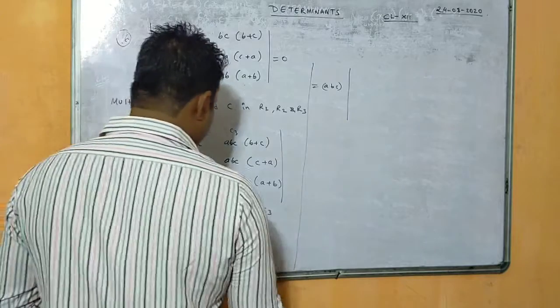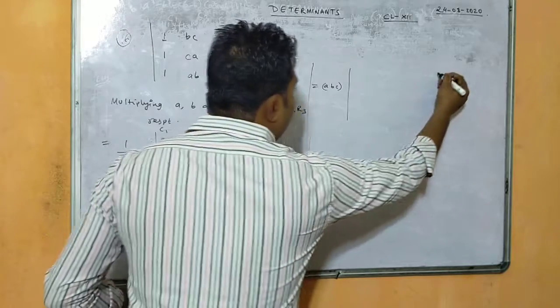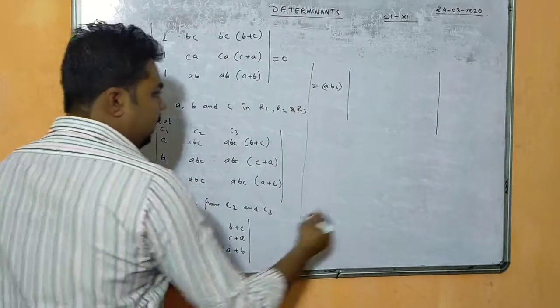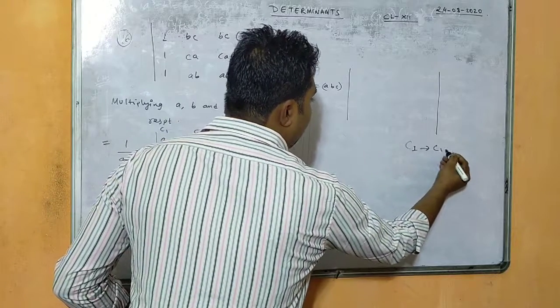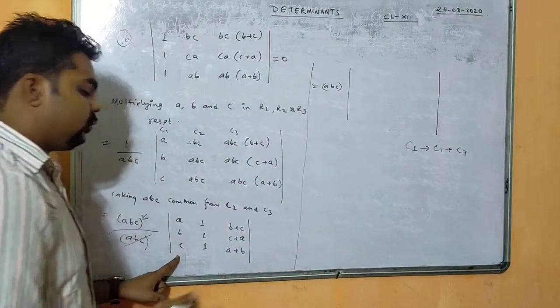And here what we will do, we will apply column 1 change to column 1 plus column 3, same as the previous question.